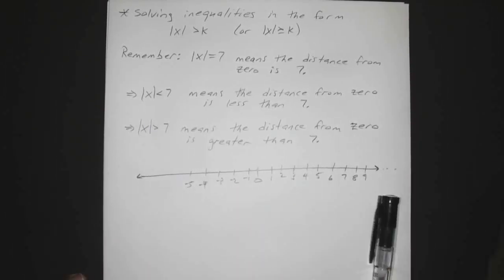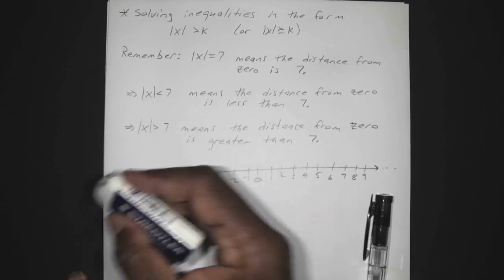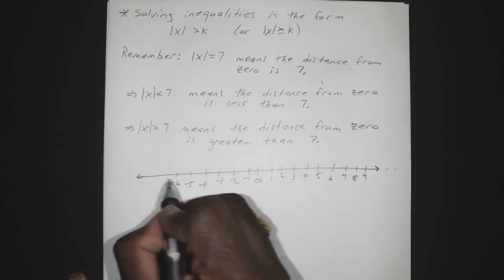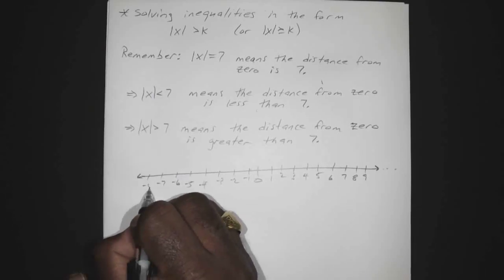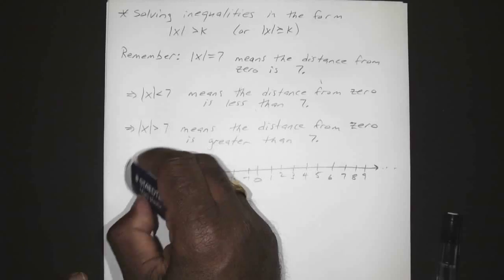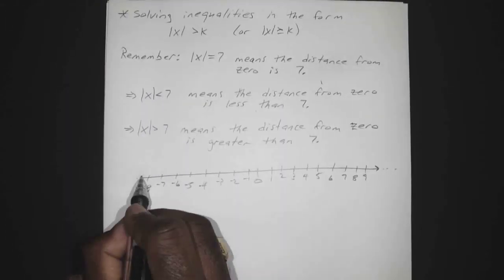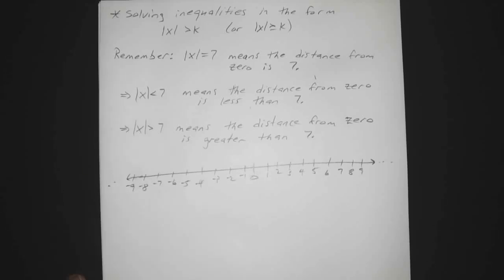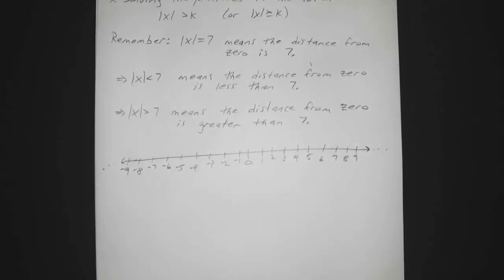Clean that up a little bit. -6, -7, -8, and go to -9 just to be symmetric. It keeps on going all the way to negative infinity.